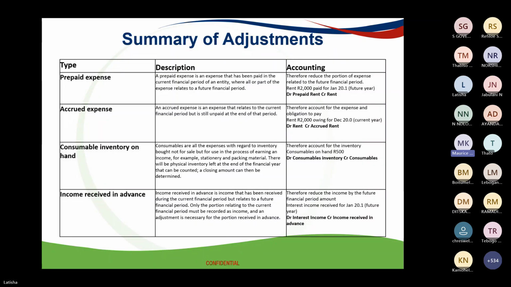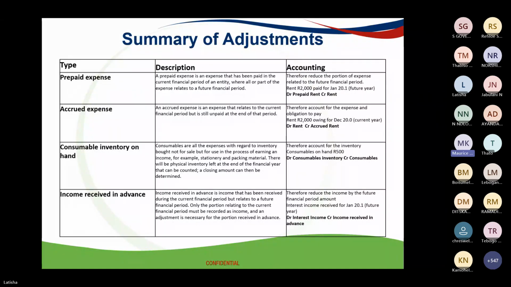So therefore, we're going to reduce the consumables expense by that amount of the inventory and debit that inventory. And by the way, something else that I nearly forgot is that all these entries that so far we've spoken about will be reversed at the beginning of the next financial period. And then the fourth one would be the income received in advance.